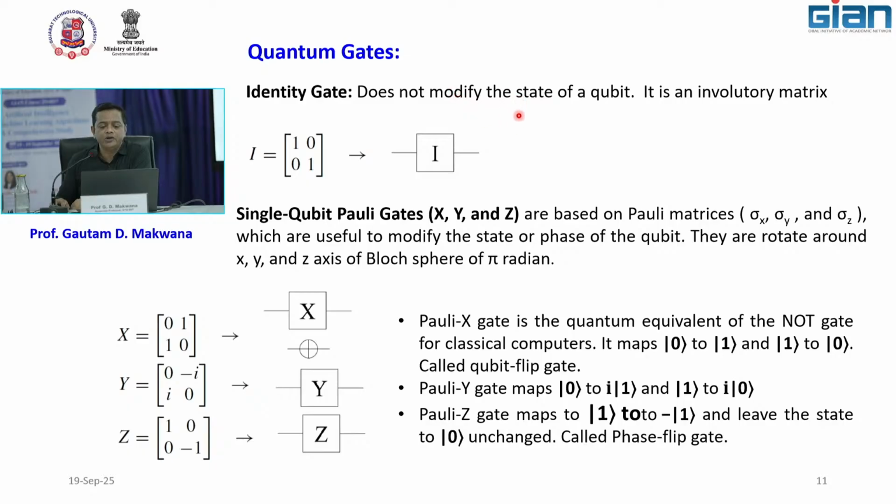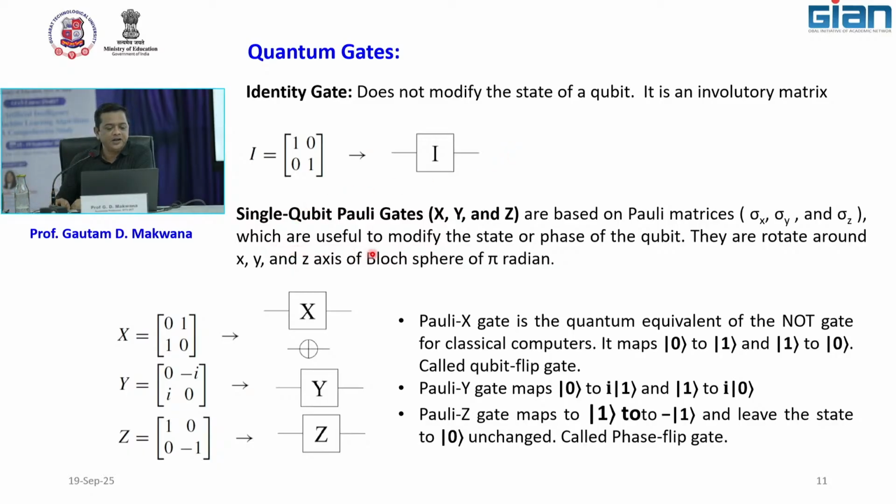Its evolutionary matrix representation is given by I equal to [1, 0; 0, 1], and this is the notation of the identity gate, where the state of the qubit is not modified.